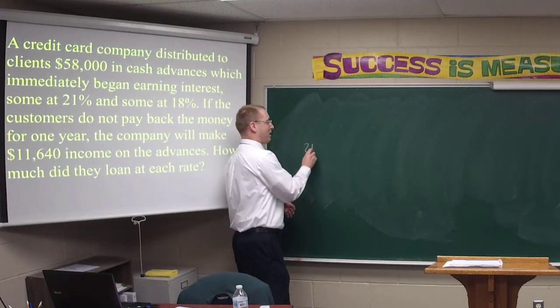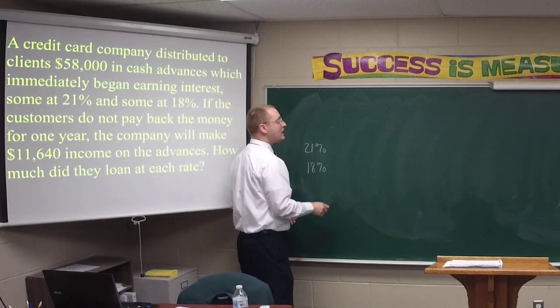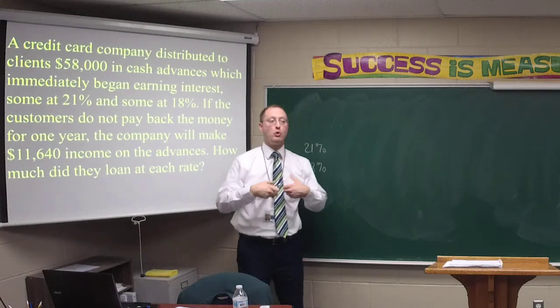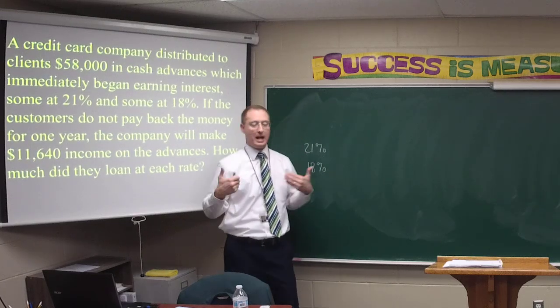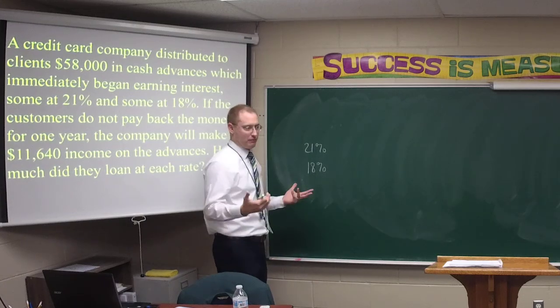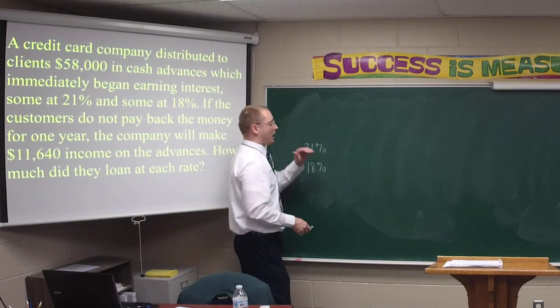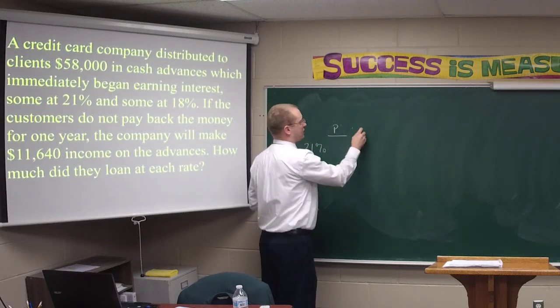Well, we've got the 21% folks and we've got the 18% folks. The credit card company is loaning out or investing, is how they would think of it. From the client side, we think we're borrowing the money, right? We're taking the money and paying huge amounts of interest on it. There's a certain amount of principal being borrowed or loaned out. Obviously, we have the rate.